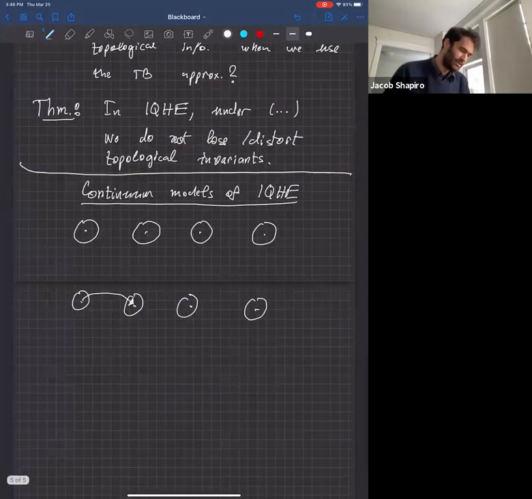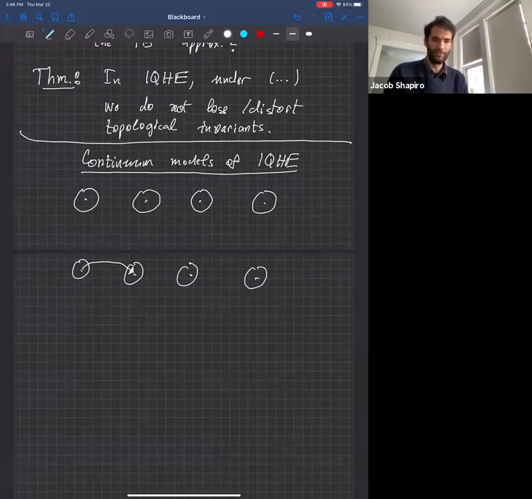I just mentioned that there is an alternative way to derive a tight binding approximation that is using Wannier functions. So Wannier functions are, in a sense, the inverse Fourier transform of Bloch functions. And so in order to talk about them, you really want to have translation invariance. At least it naturally suggests that. And actually, we don't want to use translation invariance for various reasons. The first reason is that we want to be able to include disorder.